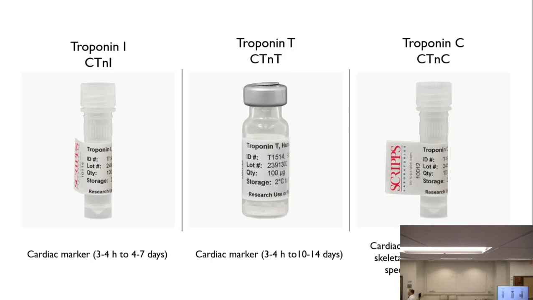Troponin T will appear 3 to 4 hours after the infarction and may be present for up to 2 weeks. And then we have the troponin C, that is a cardiac marker, but can be found also in the skeletal muscle. So if we find troponin C elevated, we don't know if the person had a crush injury or a skeletal muscle lesion. So the ones that we try to use are the ones that are more specific for the heart.